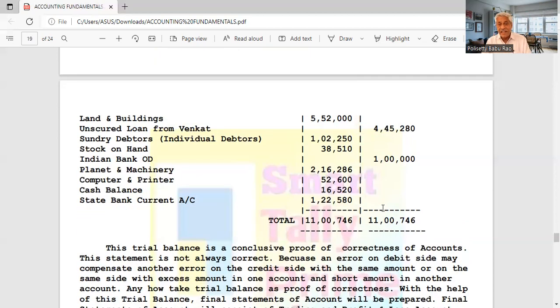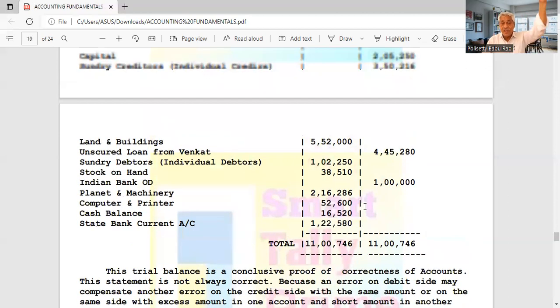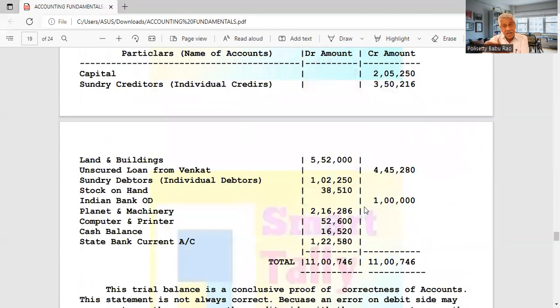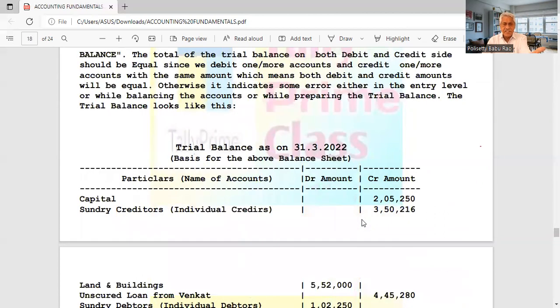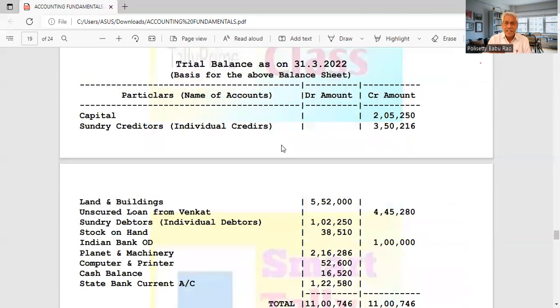If it does not tally, it means there is some mistake. From the beginning you should not check; you have to go backwards, because this is the last step, taking from the ledger into the trial balance. If there is a mistake here, instead of going from the journal and searching all the books, you check here. If it is correct, then go to the previous stage.